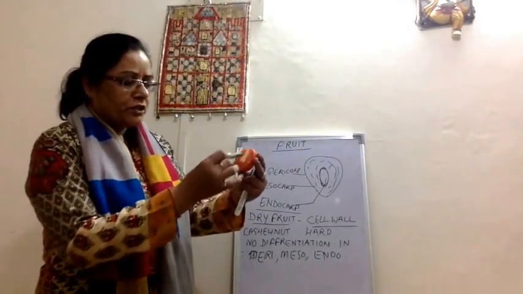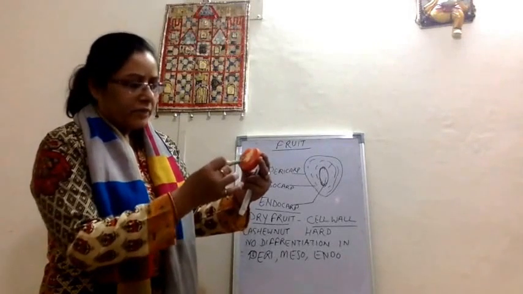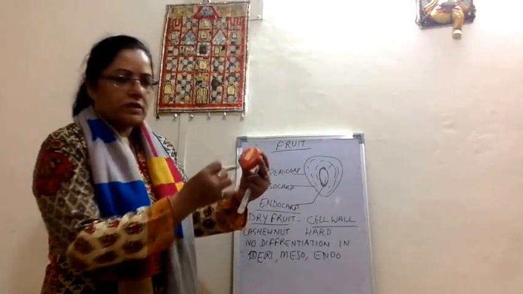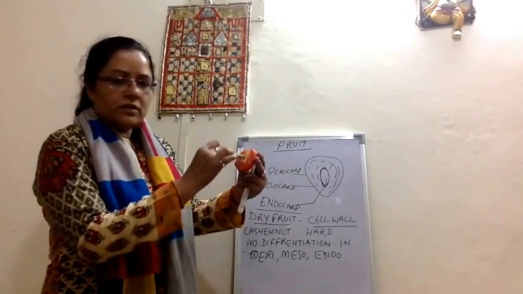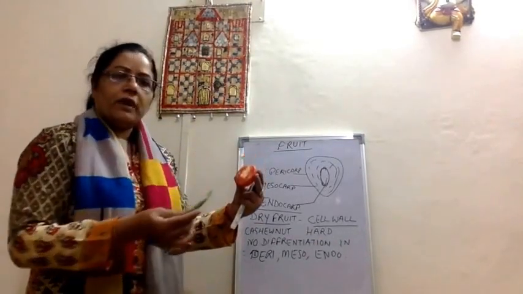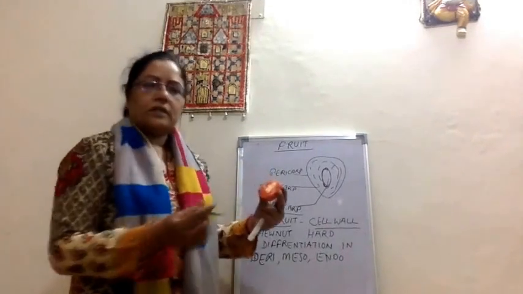This fleshy portion is edible and this outer covering is a little bit hard, and inside, like in mango, the stony or hard portion is endocarp.